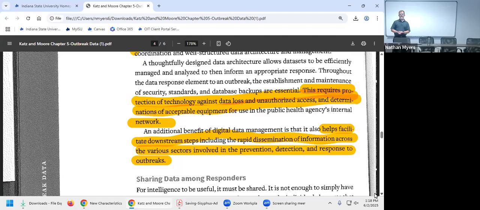So one of the benefits of data management discussed here is the fact that the better system we have to collect the data, organize the data, collate the data, analyze the data, the quicker we're going to be able to produce meaningful reports and meaningful updates that we can transmit to the local level, the state level, to various federal agencies, and keep people informed so that we're able to rapidly adjust to the situation and rapidly adjust our plans and take action when necessary.